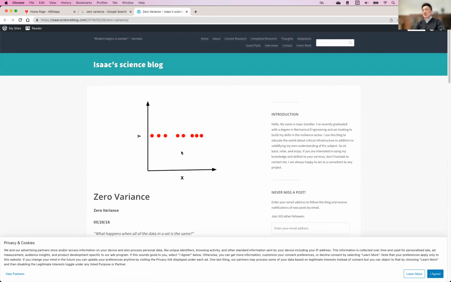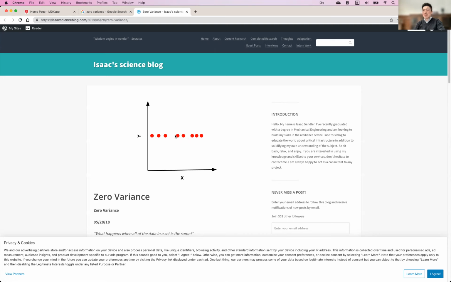So the distance between each point and the mean will be 0. You add them up, still 0, divide by the total number, here 8, still 0, and the square root is still 0. So in this case, you have 0 variance.